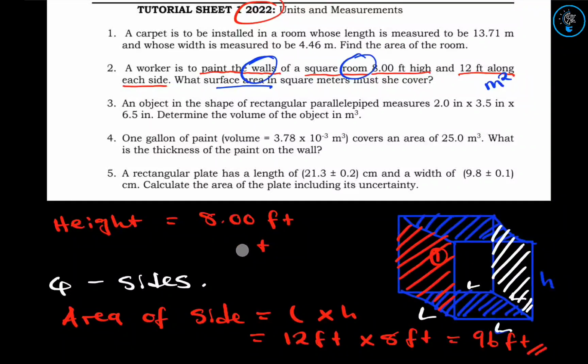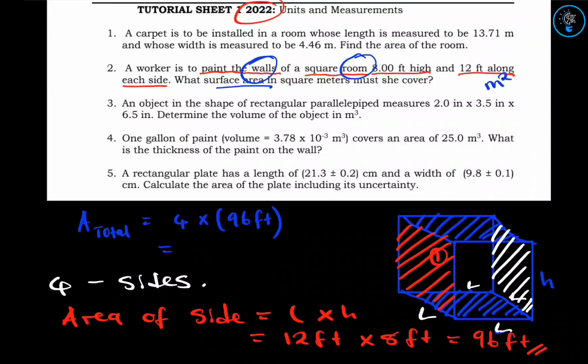Let's do it. So I will get rid of these things. I'm going to say now the total area will be equal to 4 multiplied by the area of each side, which was 96 feet.